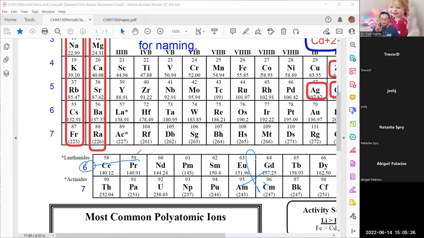And so here we got 4f, okay, and the next one over would be 5f. Okay. So the d orbitals come out 1 energy level less than the period they're in, and the f orbitals begin 2 energy levels less than the period that they're in.